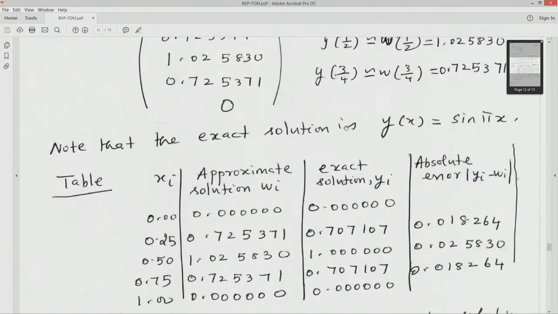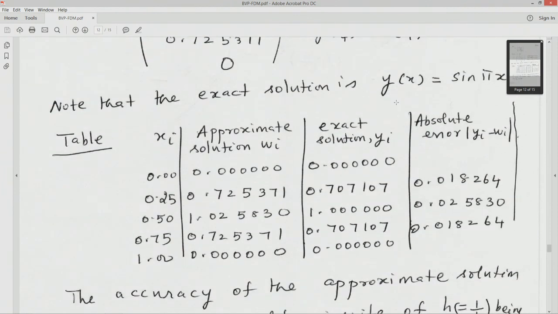And we note that the exact solution of the differential equation is given by y of x is equal to sin pi x. So, it is natural to see whether the approximate solution that we have obtained by taking the step size h to be 1 by 4 is reasonably a good approximation to the exact solution of the problem. So, we list the exact solution at each of the xi and compare it with the approximate solution at the corresponding xi given by wi.